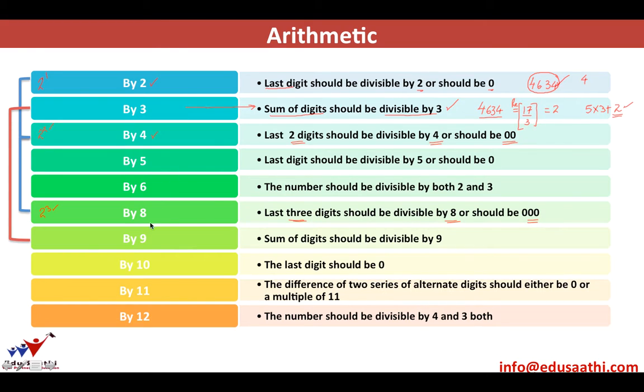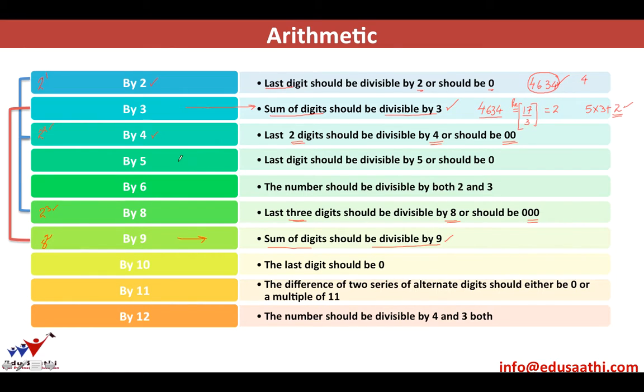Similarly, the power of 3 would follow a similar rule. For 3 square, I'll find the sum of all the digits, and that sum should be divisible by 9. So if the sum of the digits is divisible by 9, the entire number is divisible by 9.